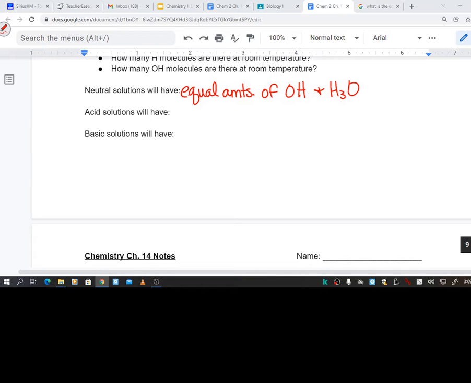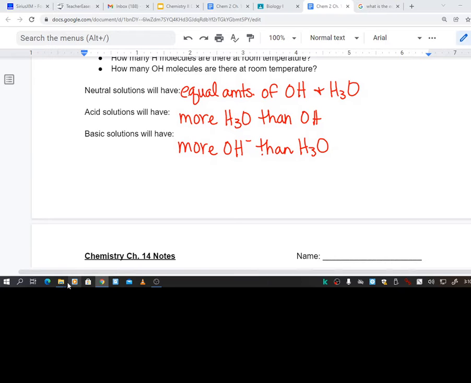Now, if I have an acidic solution, we're going to have more H3O than OH. Basic solutions will have more OH than H3O. Now, the notes aren't until tomorrow, so I had just done my preliminary note-taking here and making the notes.